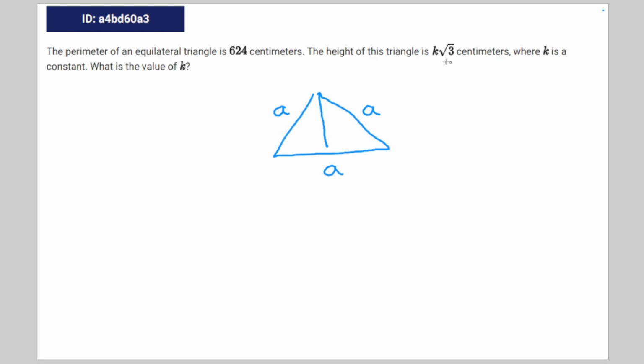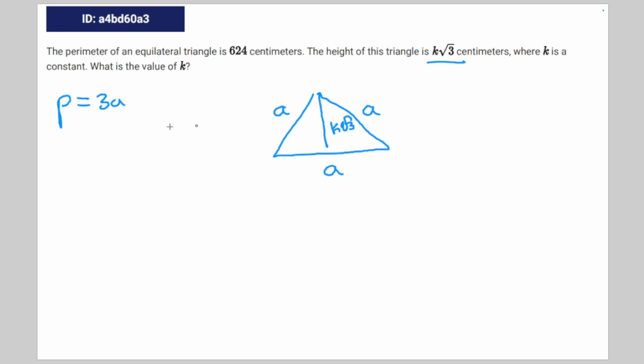And of course we're given the height, and the height is what happens when you stick a line down the middle of an equilateral triangle. The length of this height is going to be k times the square root of 3. So to find the perimeter, P is equal to 3A, because of course the perimeter is each side added together.